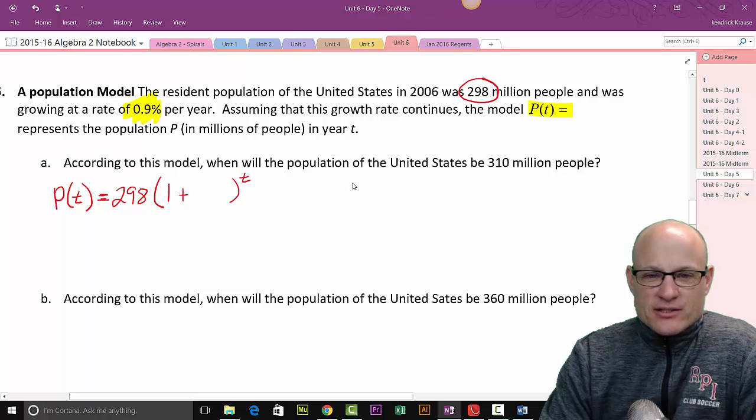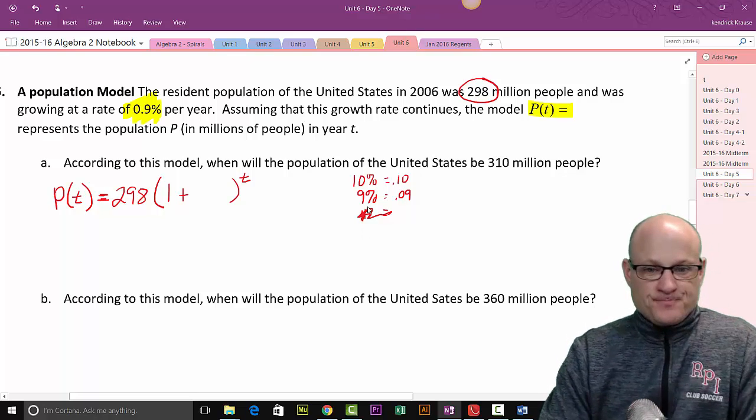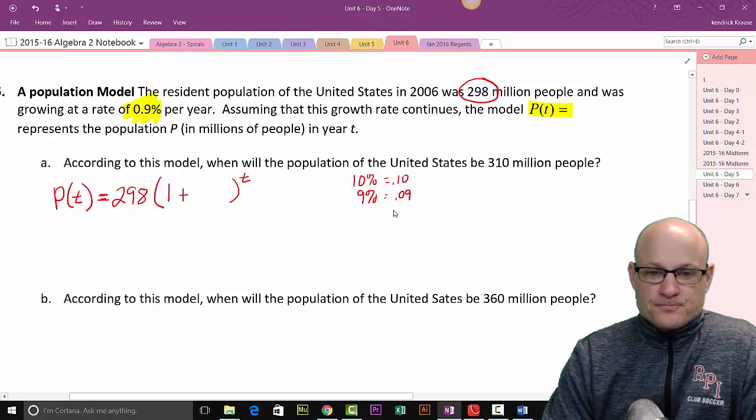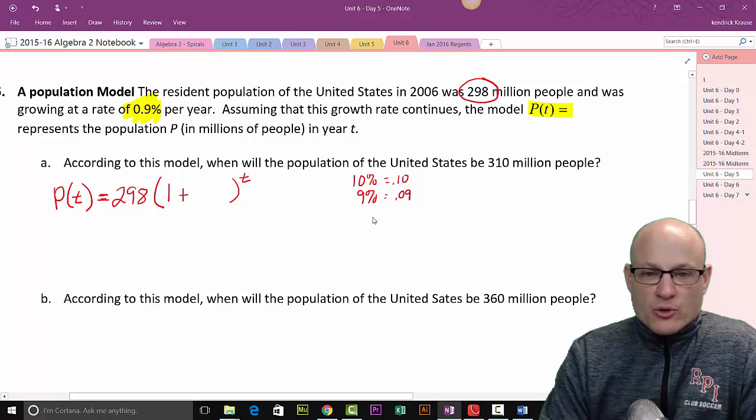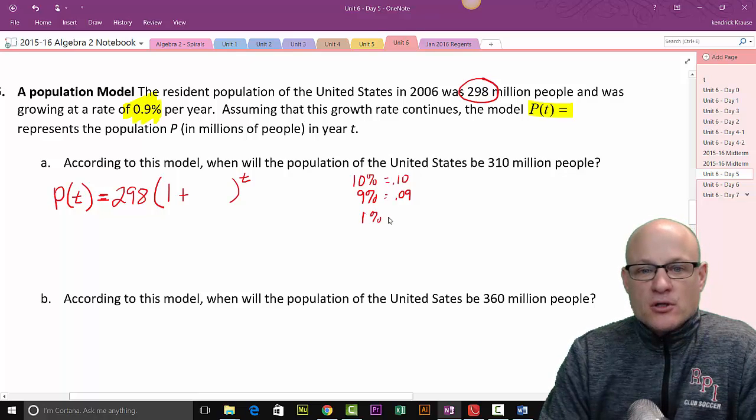Let's go 10%. 10% is 0.10. 9% is 0.09. 1% would be 0.01.